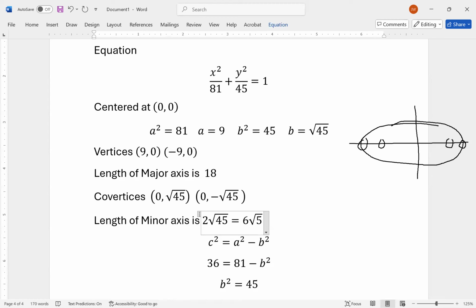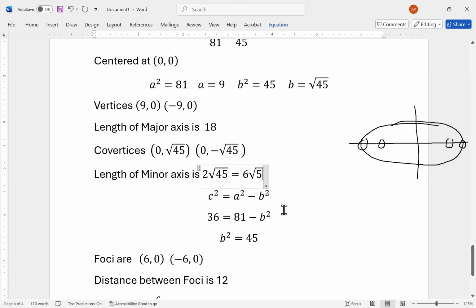That's about 13.42 roughly. But there you go. So usually we use this equation of c squared equals a squared minus b squared to find the value for c in an ellipse. But if I know c and I know a, I can find the value for b. And if I knew b and I knew c, I could use this to find the value for a.